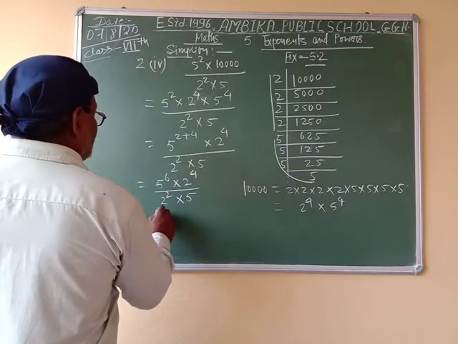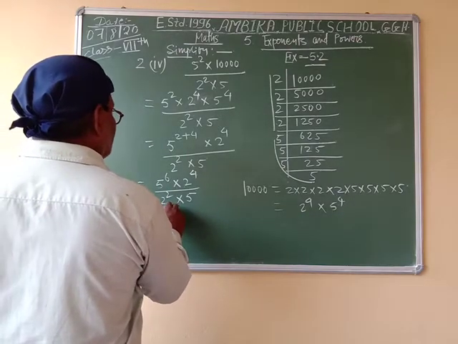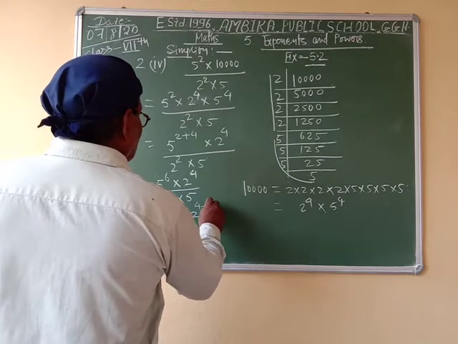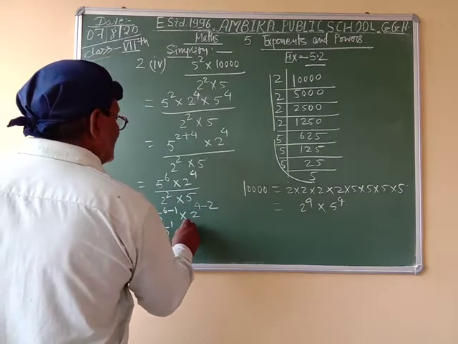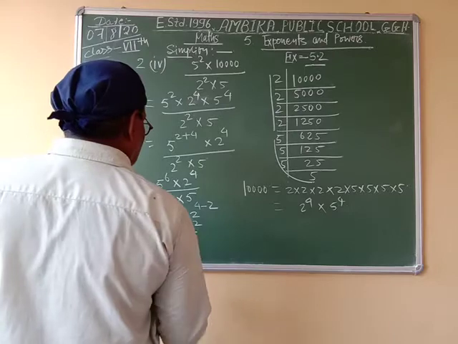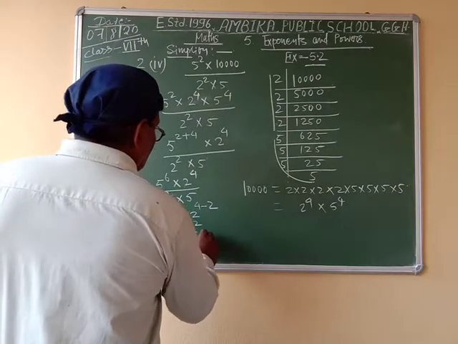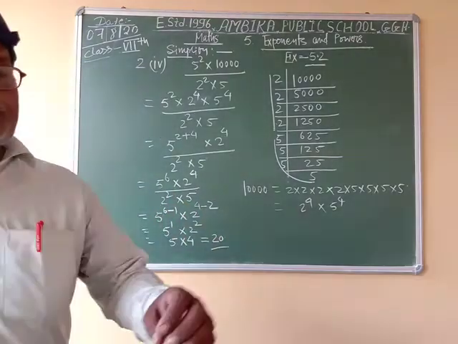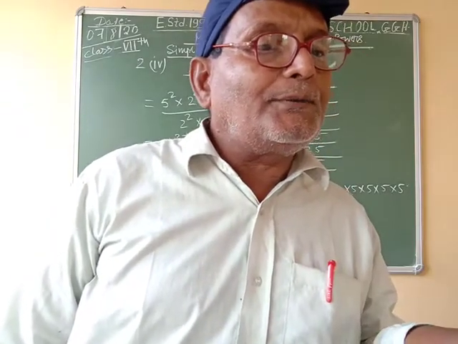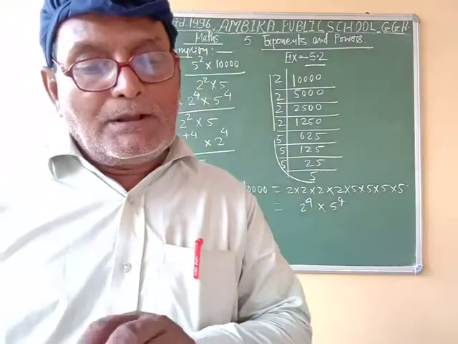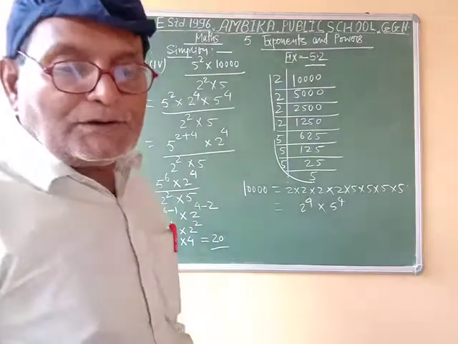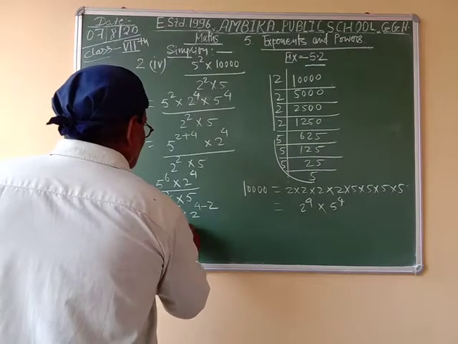So 5 to the power 6 minus 1 into 2 to the power 4 minus 2 is equal to 5 to the power 5 into 2 to the power 2.